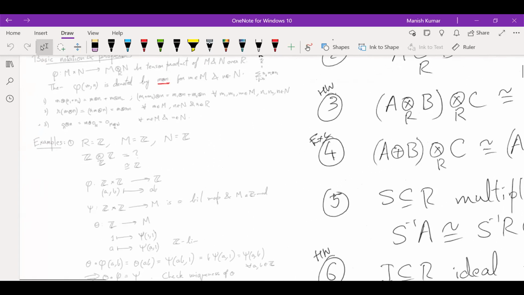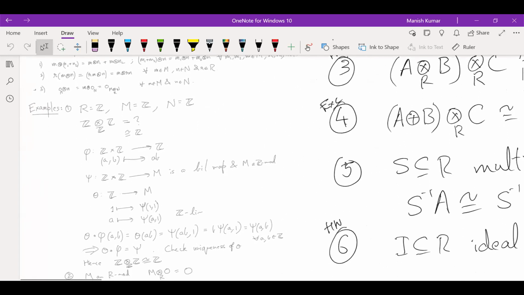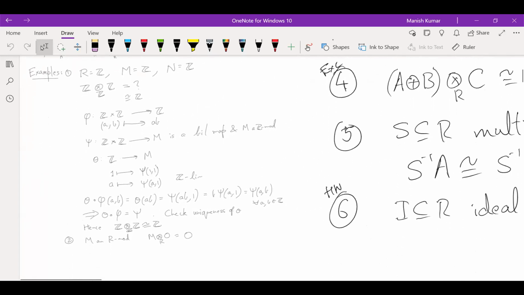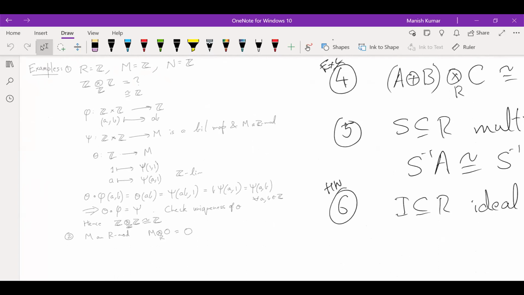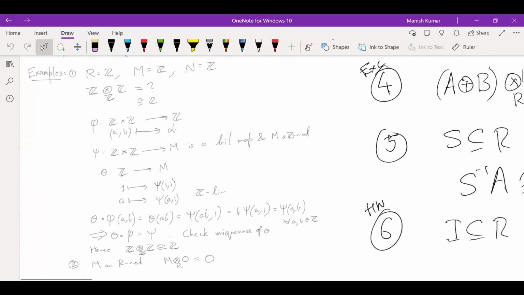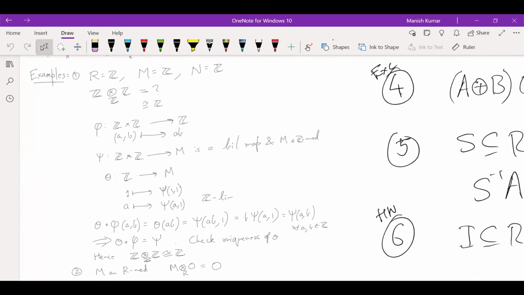Just to give you a feel that tensor products are reasonable objects, though the construction is not: for instance, if you take R to be Z, and M and N to be Z, then this tensor product is just Z. It's not something crazy.